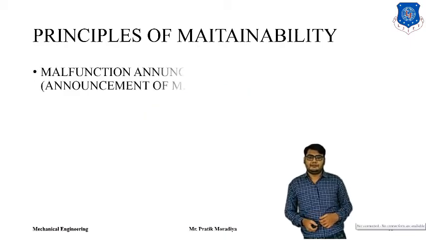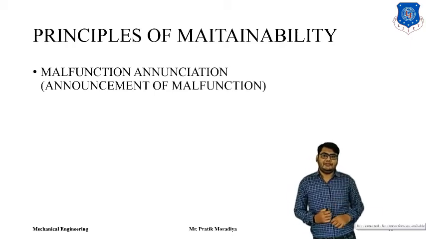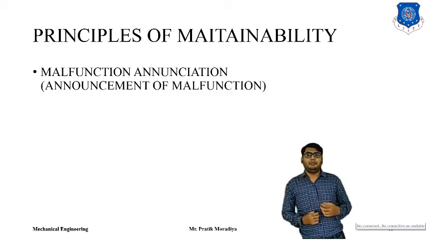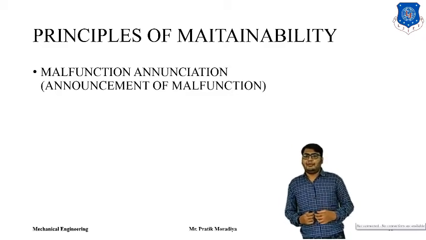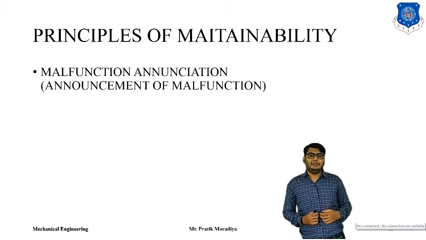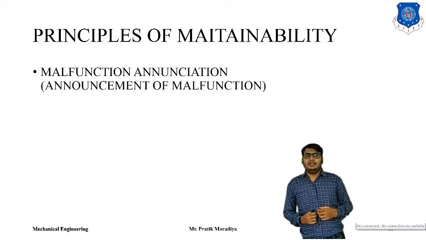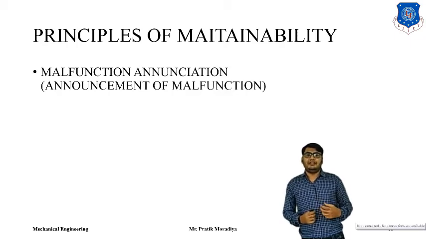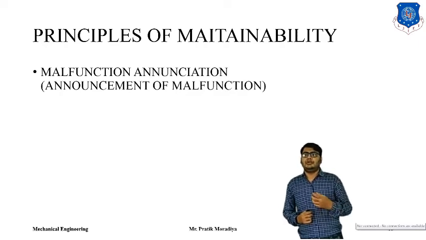Also, when we think about maintainability, we need to know when to maintain our parts. So malfunction annunciation, which means announcement of malfunction, is also an important aspect of maintainability. Basically, we are designing our product in such a way that when the product fails, the product itself will tell us that there is a failure at a particular point and we need to check it.